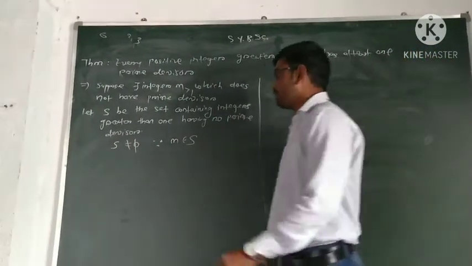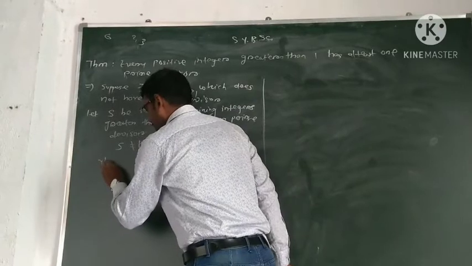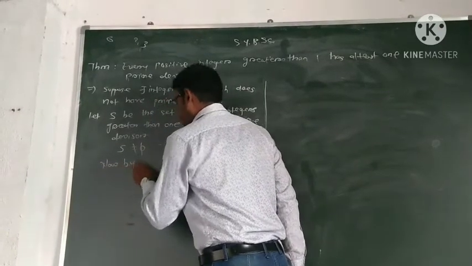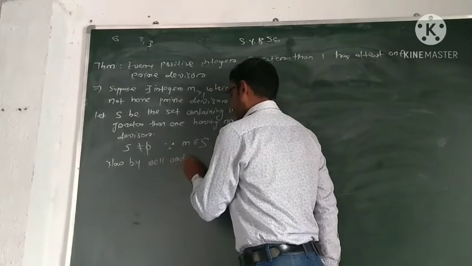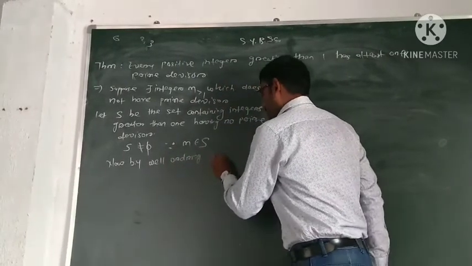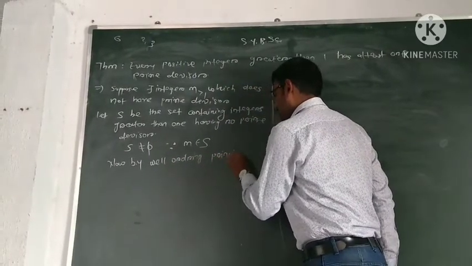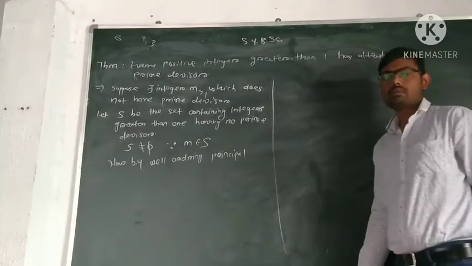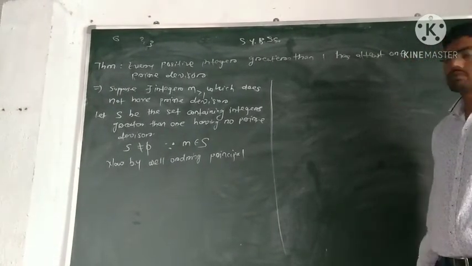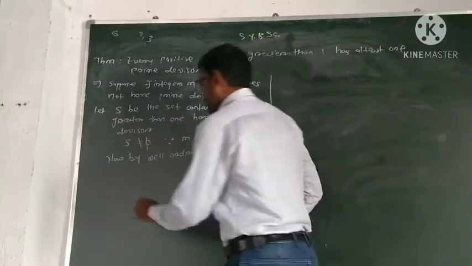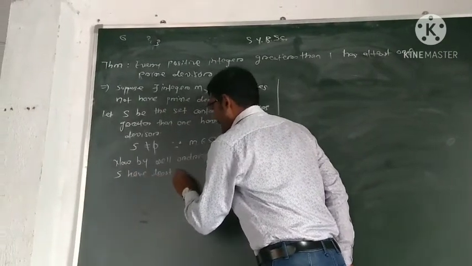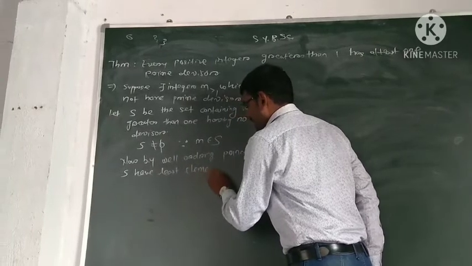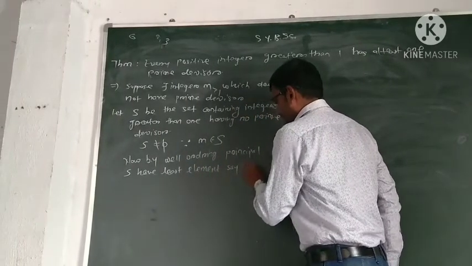Okay. Now, by the well ordering principle, this set S has a least element, say n.